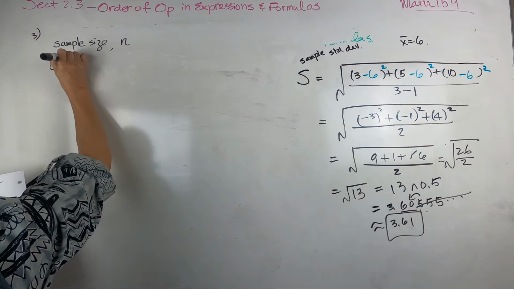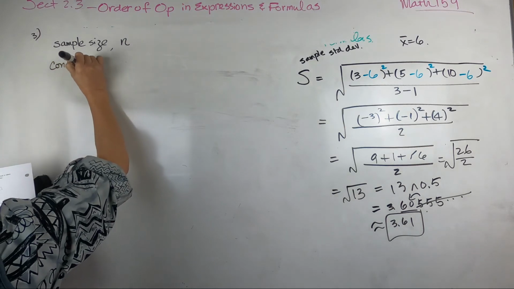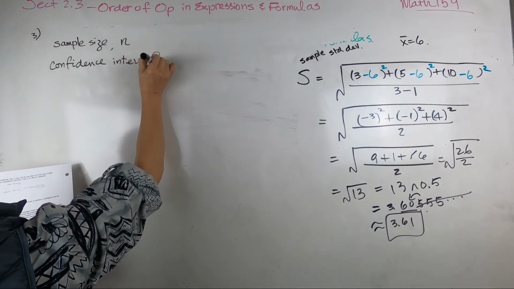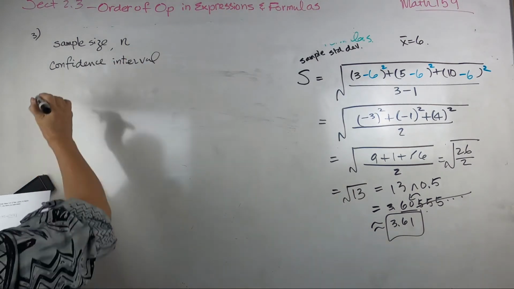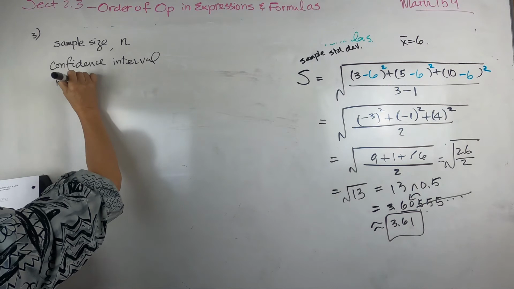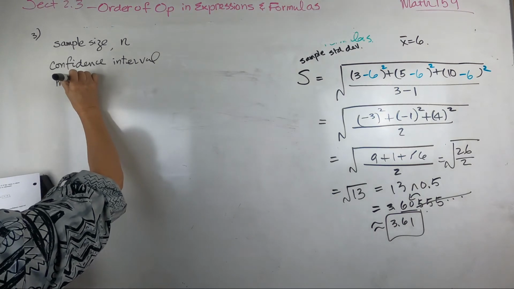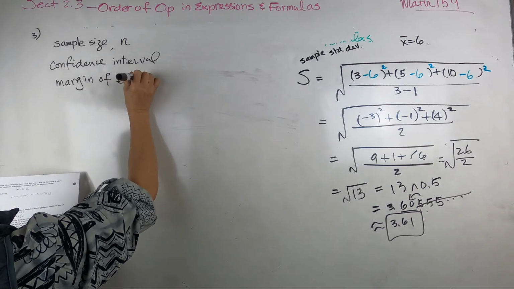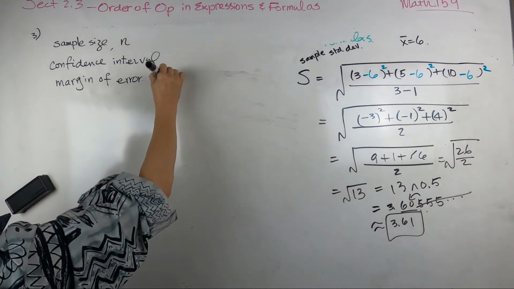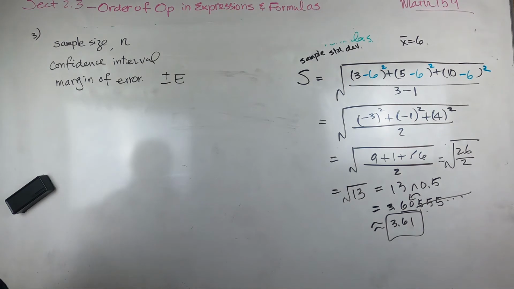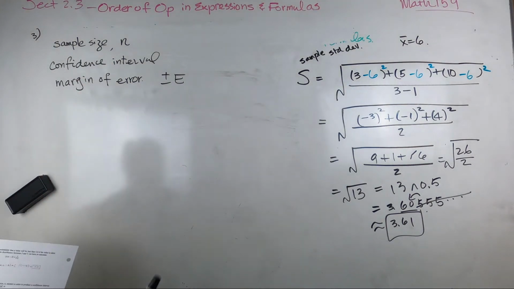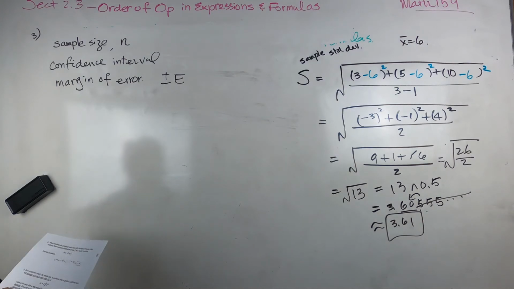You may not know what confidence interval means, right? And with a margin of error. So we start to introduce a lot of names: no more than plus minus e. So we have sample size, confidence interval, margin of error, plus minus e.